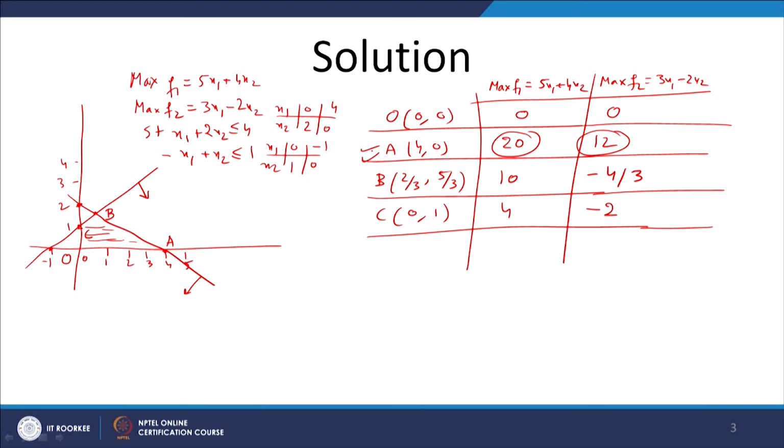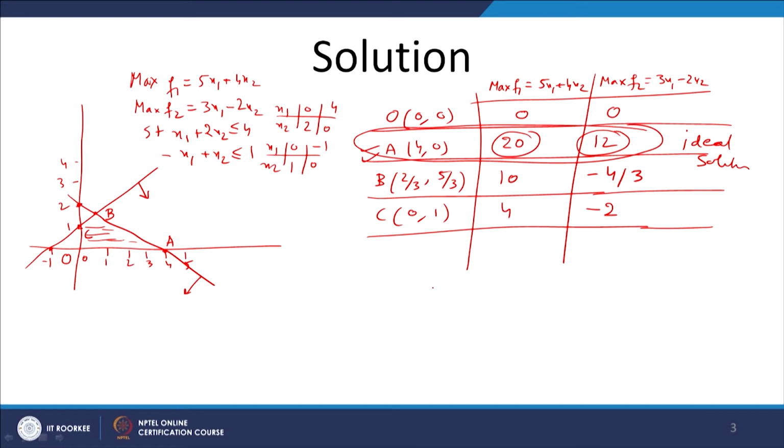So, the problem was to find out the points at which we have the ideal solution and the efficient solutions. You can see that A is the point where you have an ideal solution, because both the objective functions are giving us the maximum value corresponding to each of the objective functions. However, the other points, that is O, B and C, are giving us the efficient solutions.